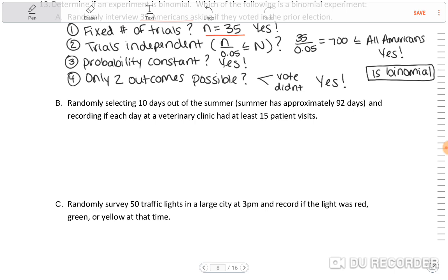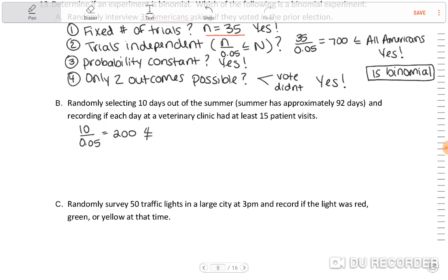If I did 10 divided by 0.05, what does that equal? 10 divided by 0.05, that's 200. It says that there's approximately 92 days in the summer, right? So the population is only 92.